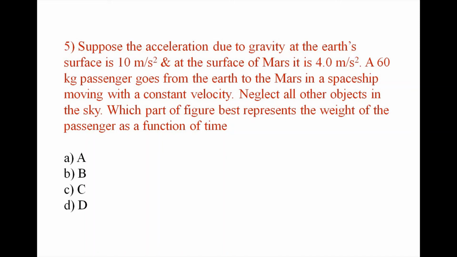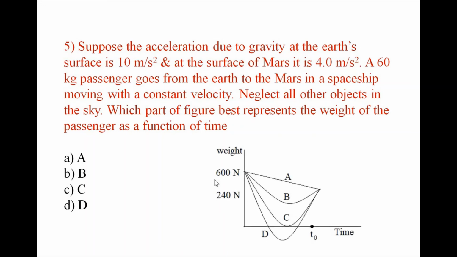Which part of the figure best represents the weight of the passenger as a function of time? Let's see the graph clearly. Option A is capital A, option B is capital B, option C is capital C, and option D is capital D. So let's see the solution.